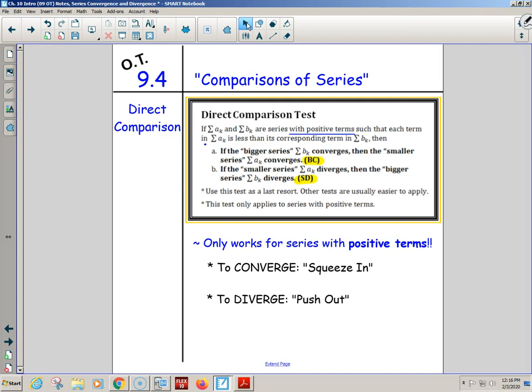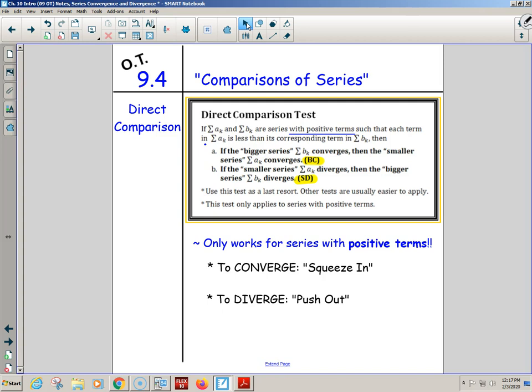What if bigger diverged? What am I doing? Could I be diverging too? Could I be converging? Does anybody know? So what's the only thing that we can tell from a bigger? Convergence, because then I get squished. Okay. Good? Okay.